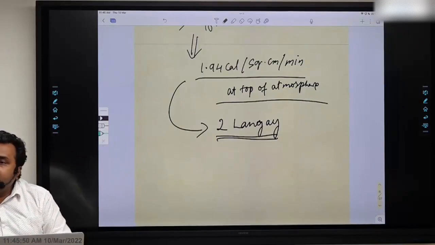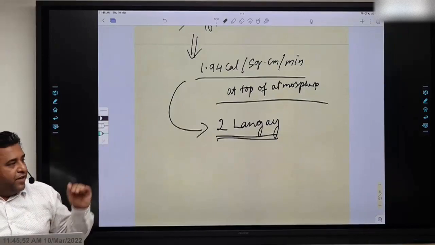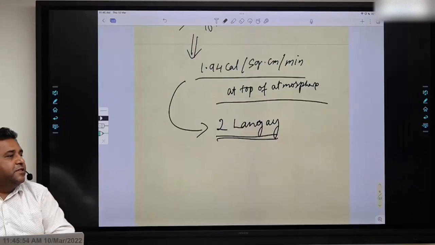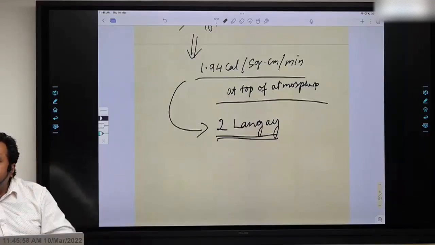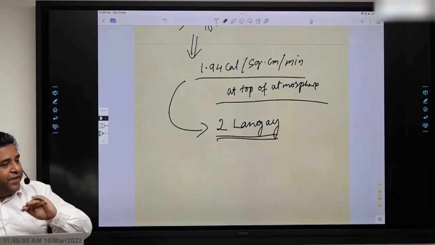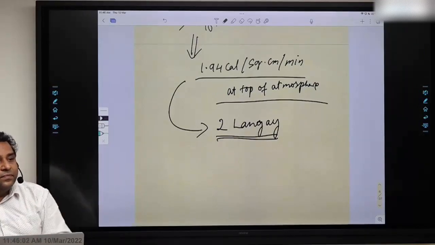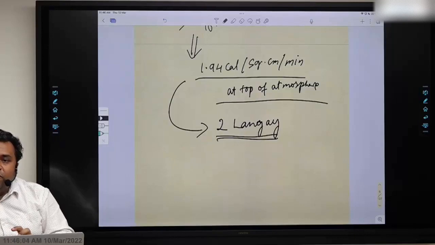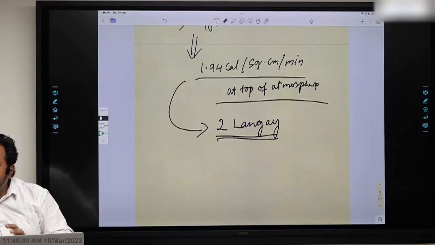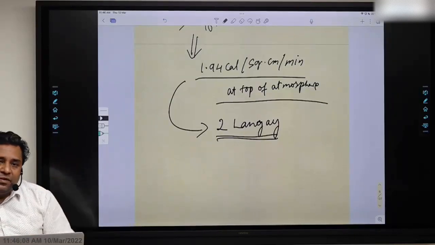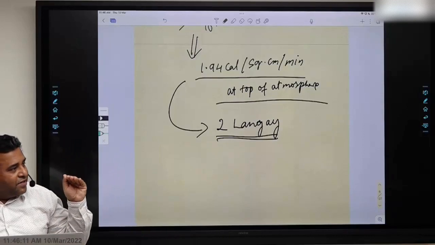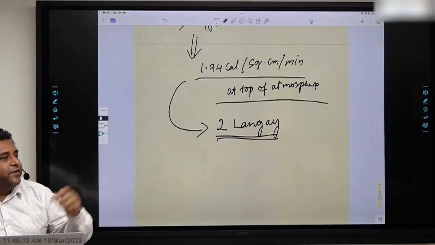No. Why don't we on the surface of the earth receive this much energy? One, it is passing through the atmosphere. Second, we are living on a curved surface. And some of us are in the tropical region, some are in the equatorial region, some are in the polar region. So the inclination at which this radiation reaches us is also different.